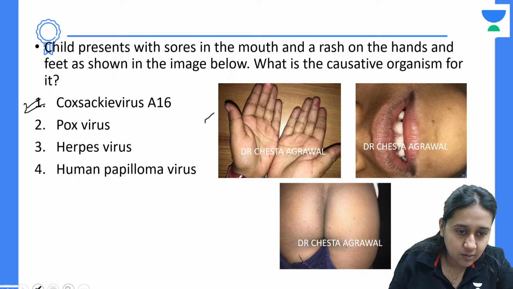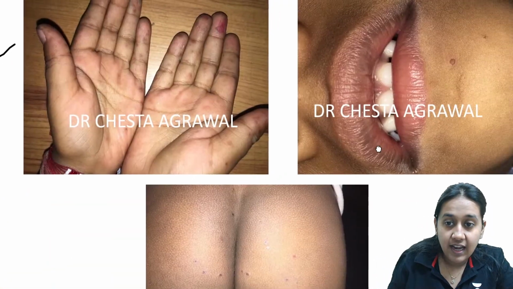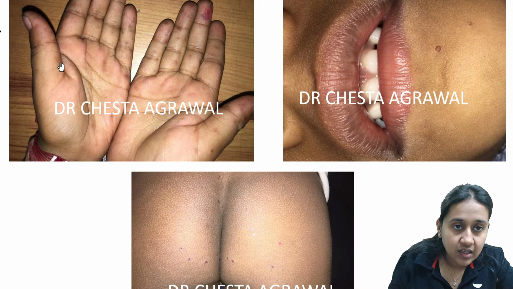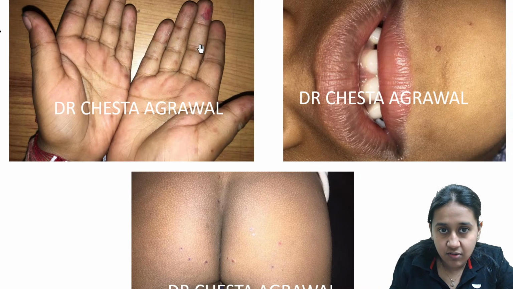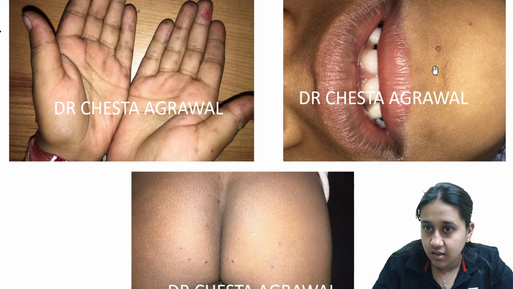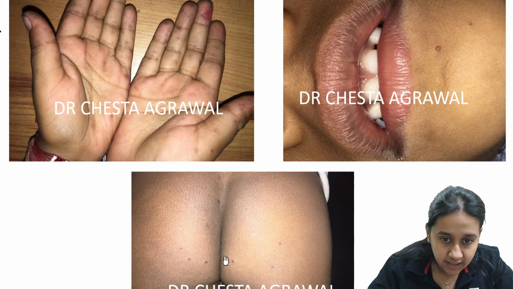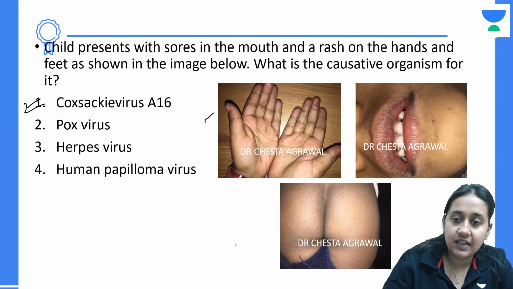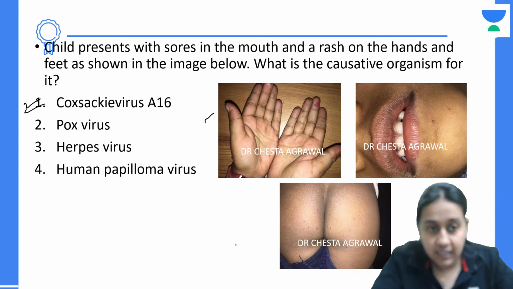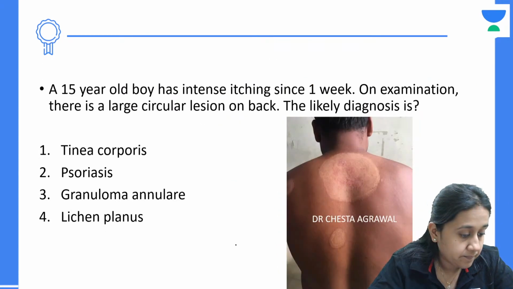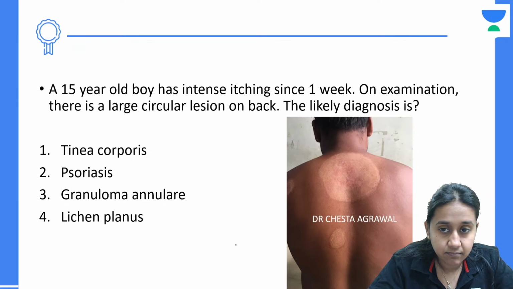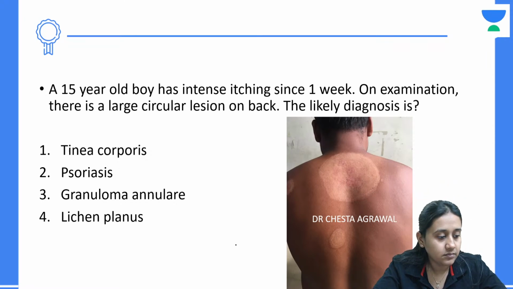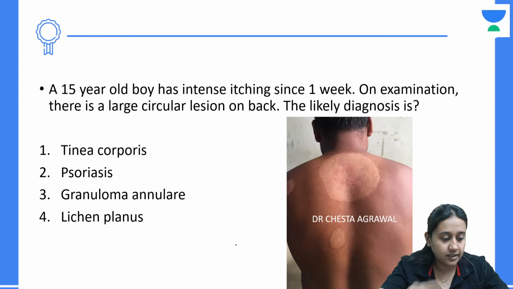It is very frequently seen nowadays, a very classical example of hand, foot and mouth disease. You develop triangular or angulated vesicles on the hand, around the mouth, on the foot and even on the buttock. It occurs secondary to Coxsackie A16 virus. Next.